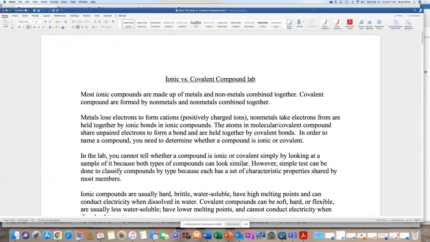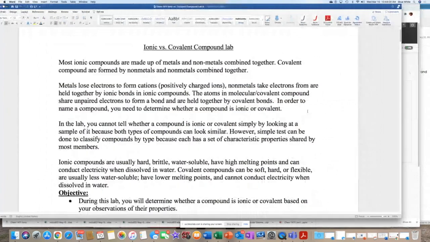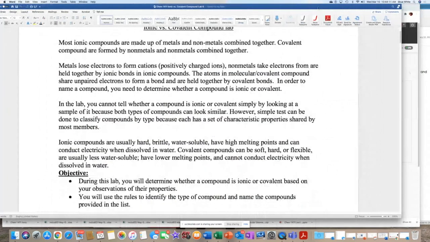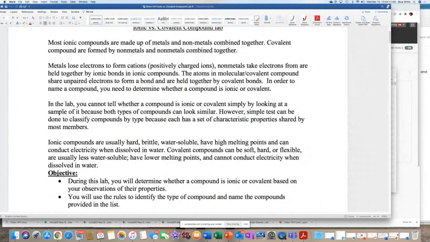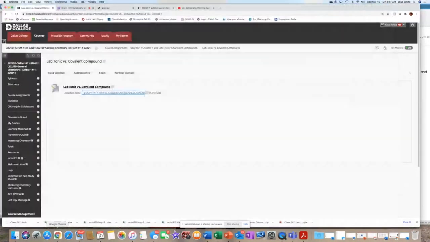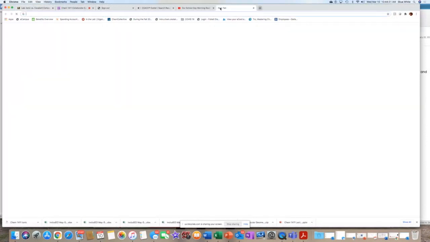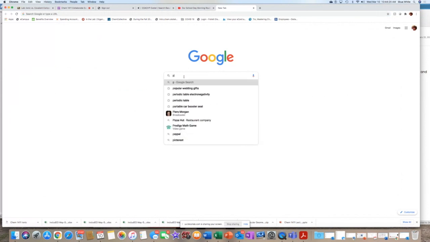So, while I had this screen here, I just realized that I don't have the periodic table here. So let me look for one, excuse me, guys. I need a periodic table. I can't see my key. Periodic table.